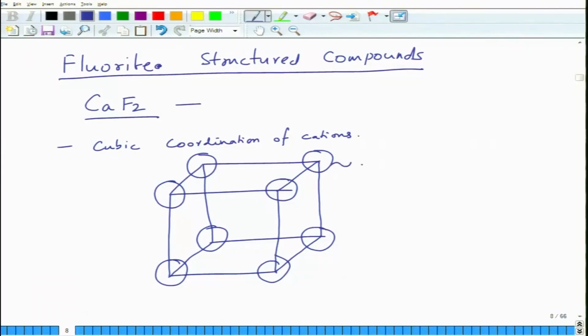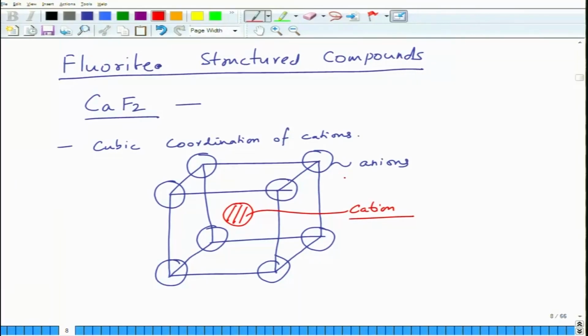These are 8 anions, and the cation can go somewhere in between. This is, let us say, the cation. But there is a problem. The problem is the valence, because if you look at this structure and if this follows in 3D, what is the number of neighbors of the cation? 8.